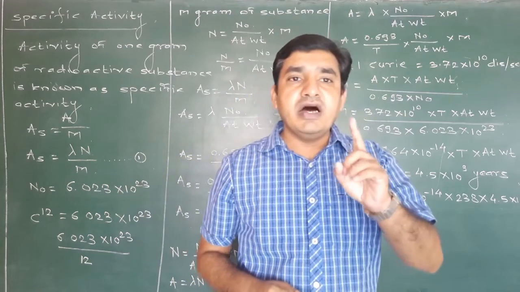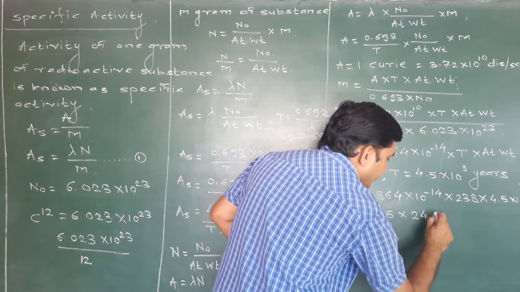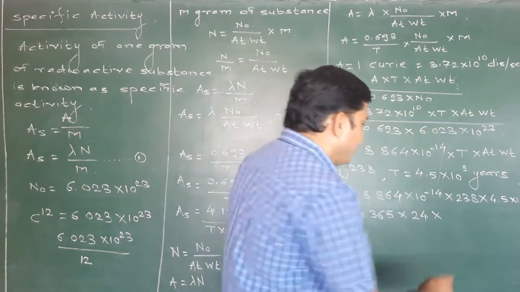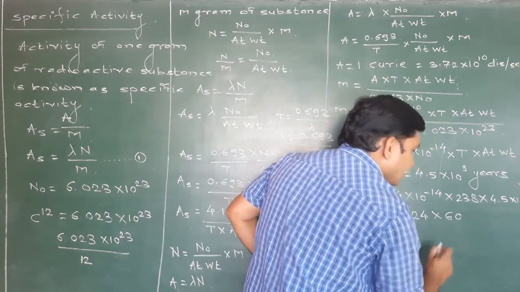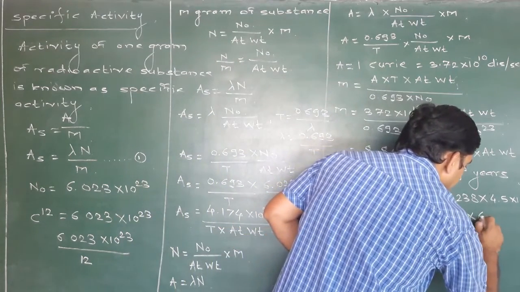Okay, 1 day consists of 24 hours. 1 hour consists of 60 minutes. 1 minute consists of 60 seconds.